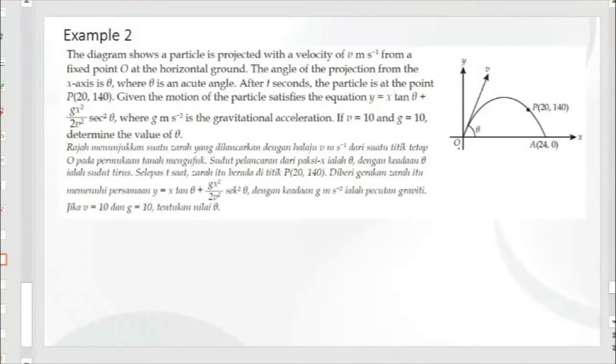Then the direction will change according to the projection of the particle. So I give you this is theta. No, sorry, the angle will change like this. This is the direction for the velocity, it depends on the value.